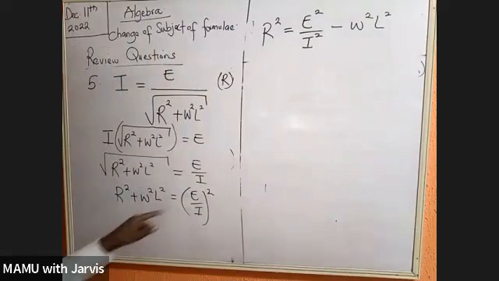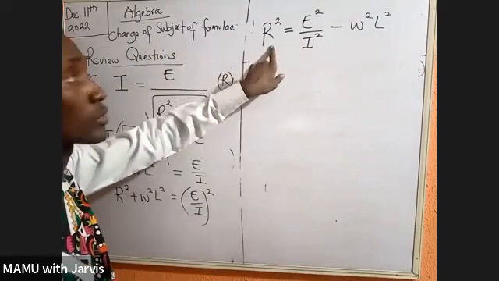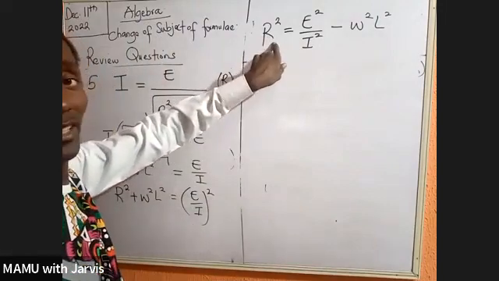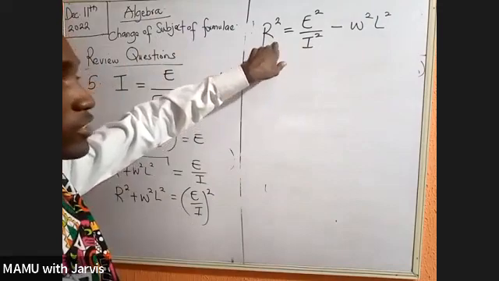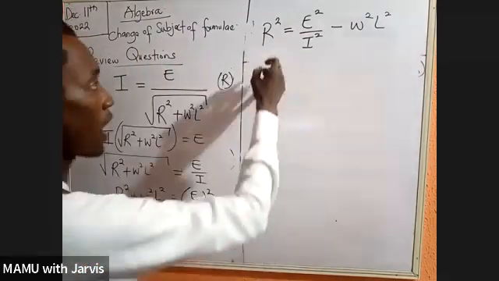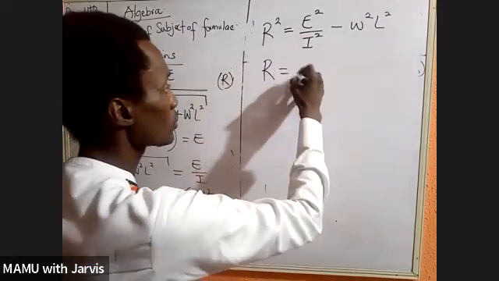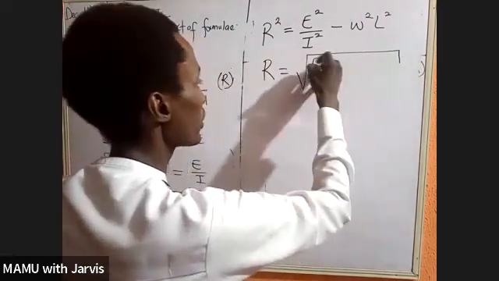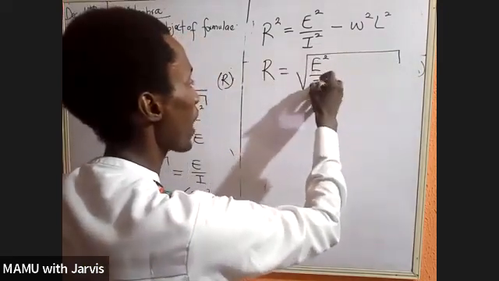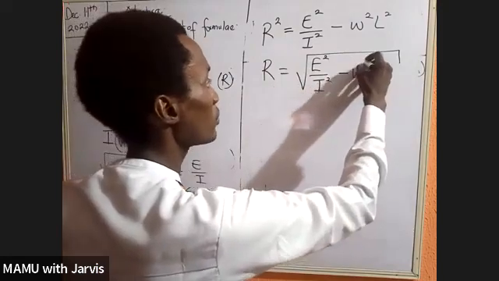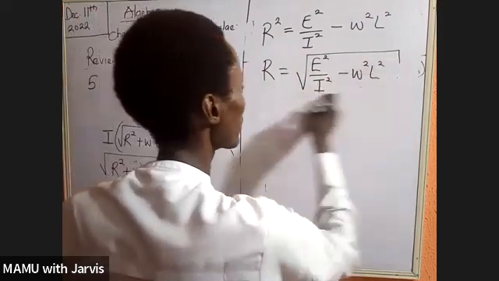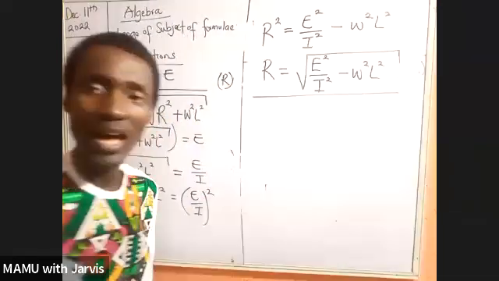So what's the next thing I will do? I'll find the square root. I'll transfer the antonym. This is squared, so when I transfer squared, it becomes square root. So R will be equal to the square root of what? E squared over I squared minus W squared L squared. That clears off that answer.